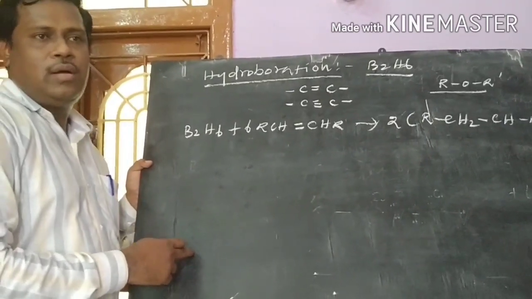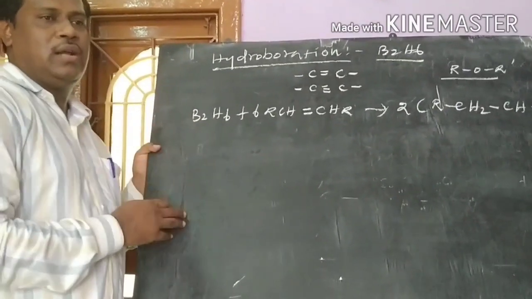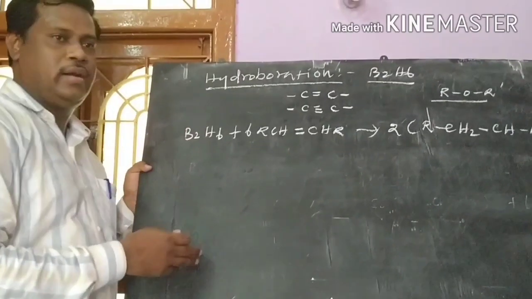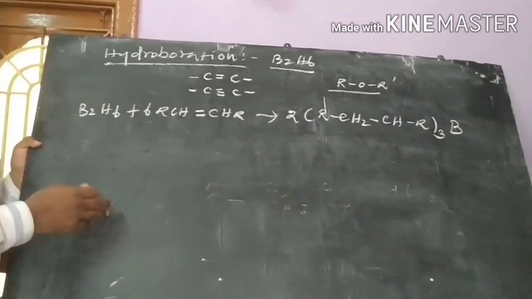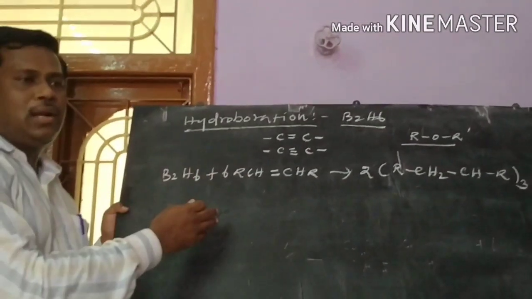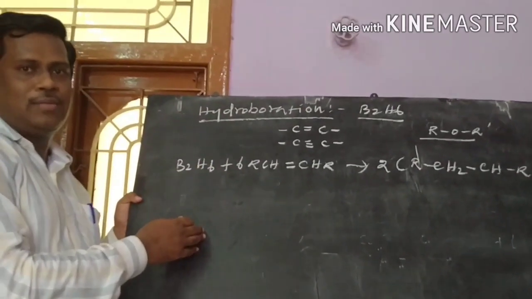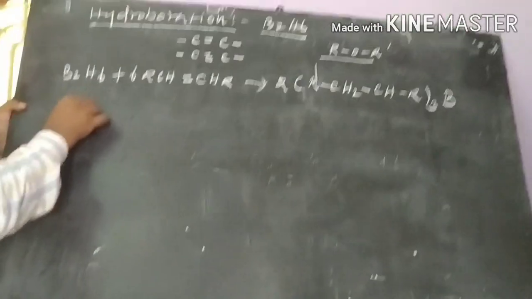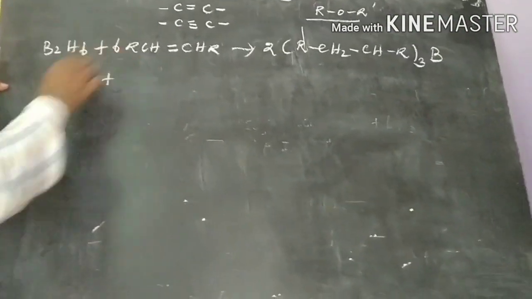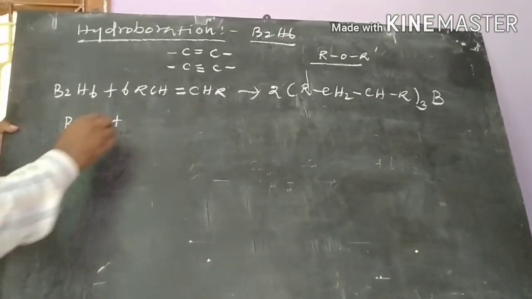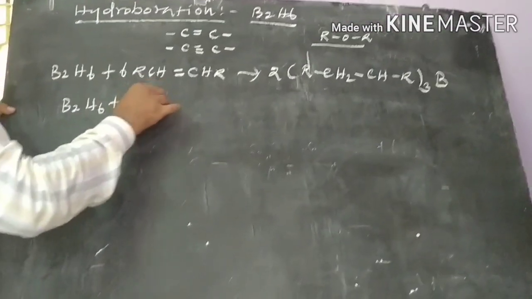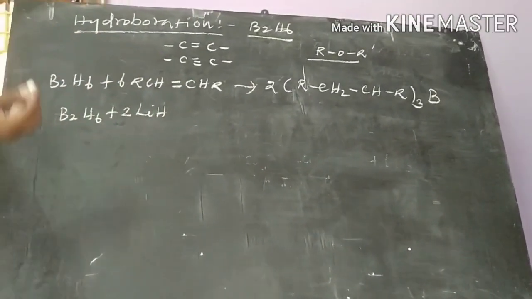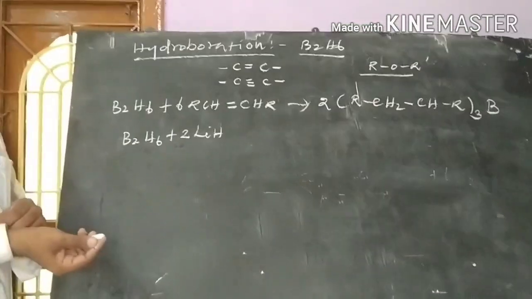Next, reaction with ionic hydride. When treated with metal hydrides, especially lithium hydride, sodium hydride, it forms metal borohydrides. For example, B2H6 reacts with lithium hydride, formula LiH.